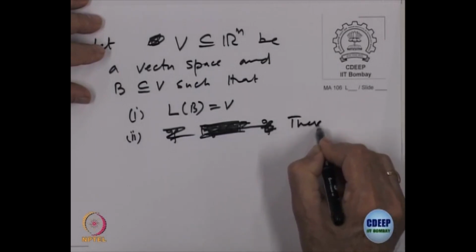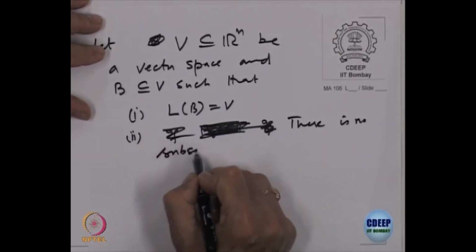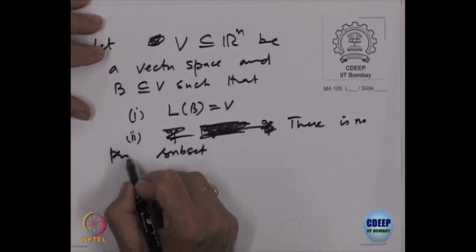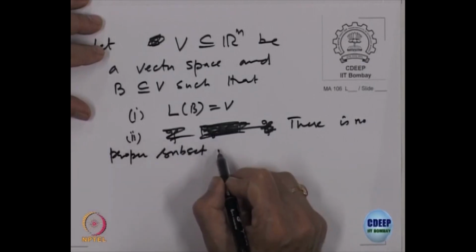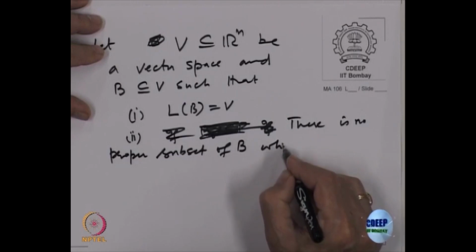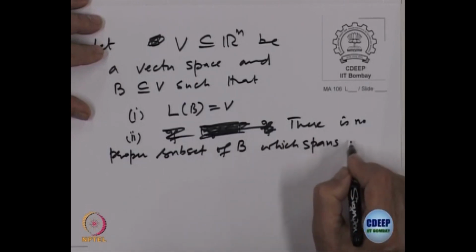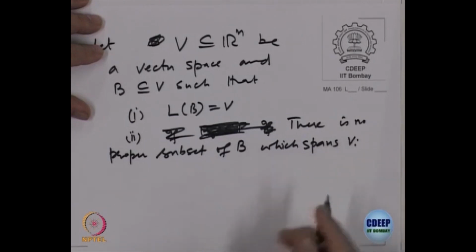There is, let me write English first, there is no subset, probably one should say proper subset, of B which spans V. That means what?